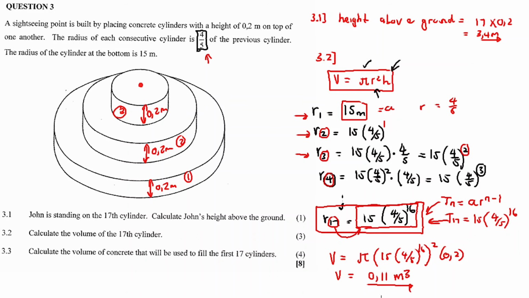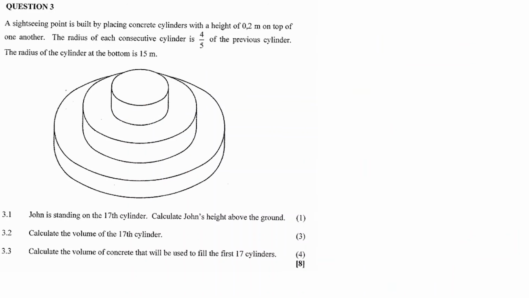Now I answer it together. So for the last one, 3.3, they want us to calculate the volume of concrete that will be used to fill the first 17 cylinders. Okay, you are the contractor, you are constructing this structure. So you pour concrete for every cylinder, starting from the bottom going all the way up to the 17th one.